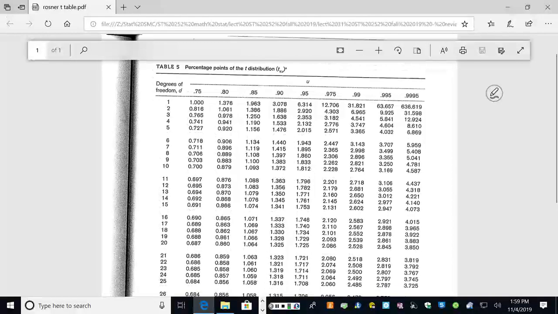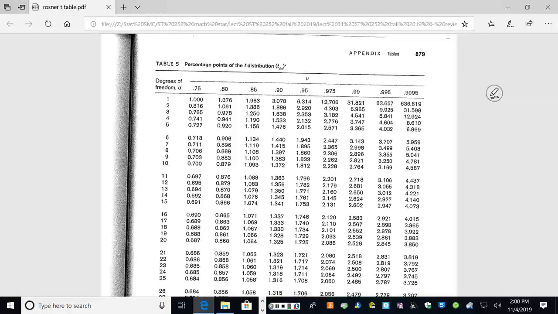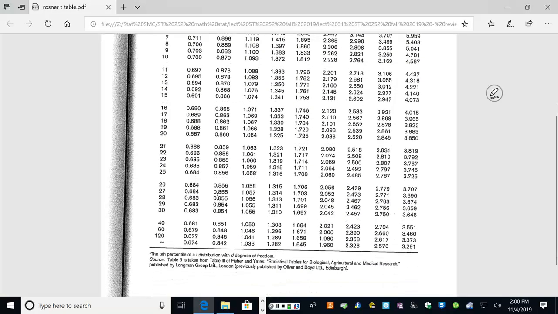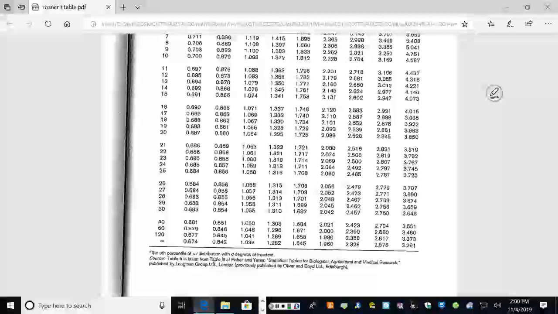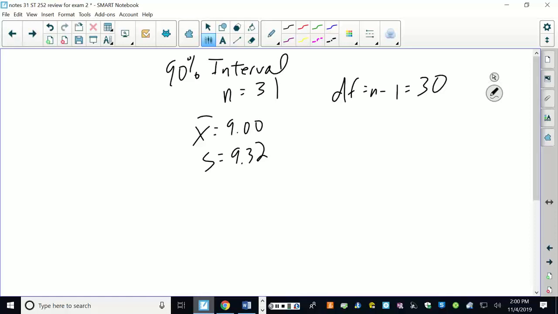So for a 90% interval, we would need the 0.95. 90%, 10% left over, so it's our 90%, and there's half of that, 5%, there. And then we go down here to 30, 1.697, right. So our t value is 1.697.